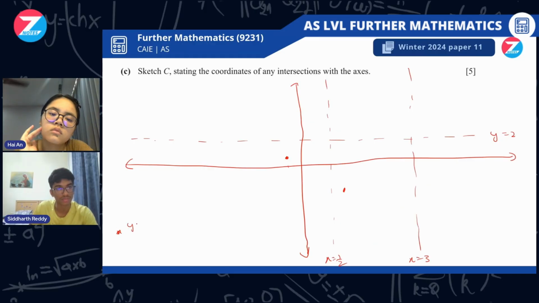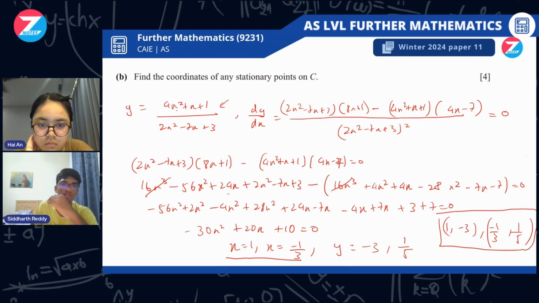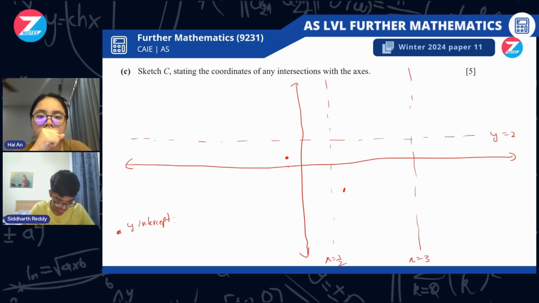We can see the y-intercept. The y-intercept is easier to calculate. The y-intercept happens when x is equal to 0. So substituting 0 in all of this, we get 1 by 3. So that's one coordinate, 0, 1 by 3. So this is the point 0, 1 by 3. And there's no x-intercept actually, so it never touches the x-axis.